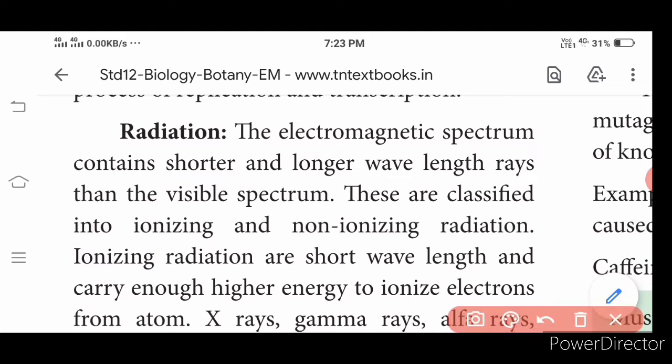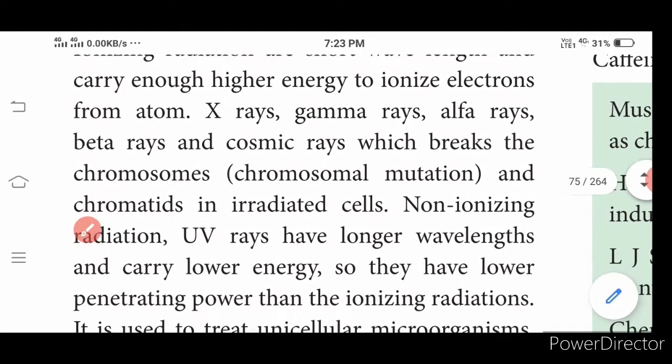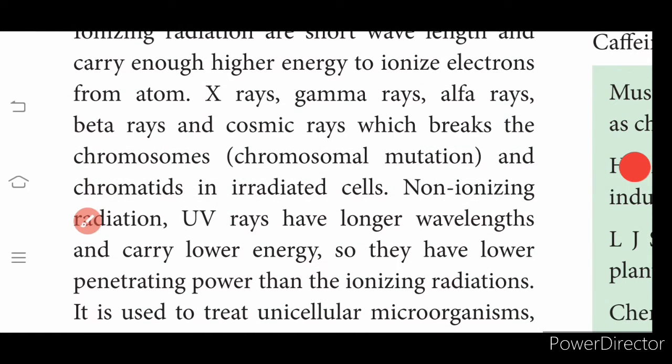They are classified as ionizing radiation and non-ionizing radiation. Ionizing radiations have short wavelength and carry enough higher energy to ionize electrons. Ionization is the splitting up of electrons from an atom.